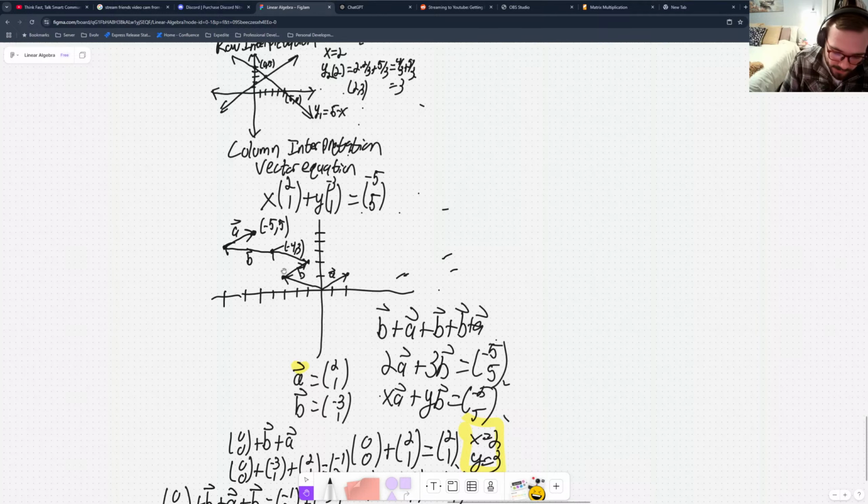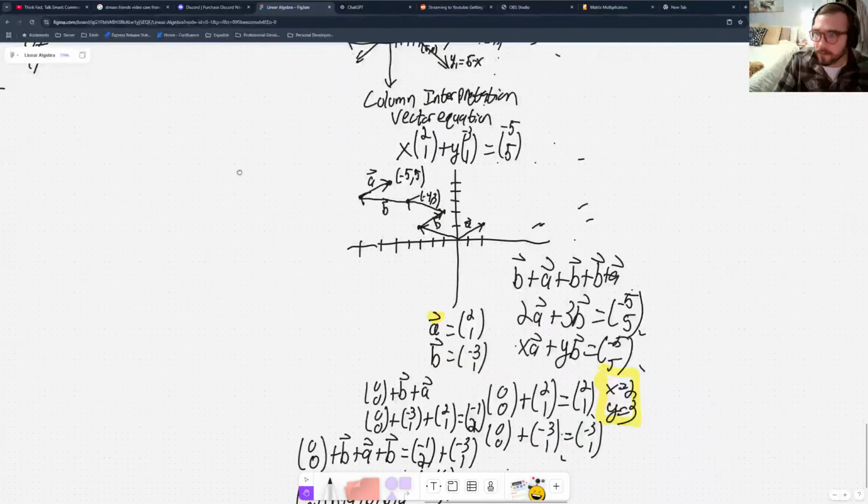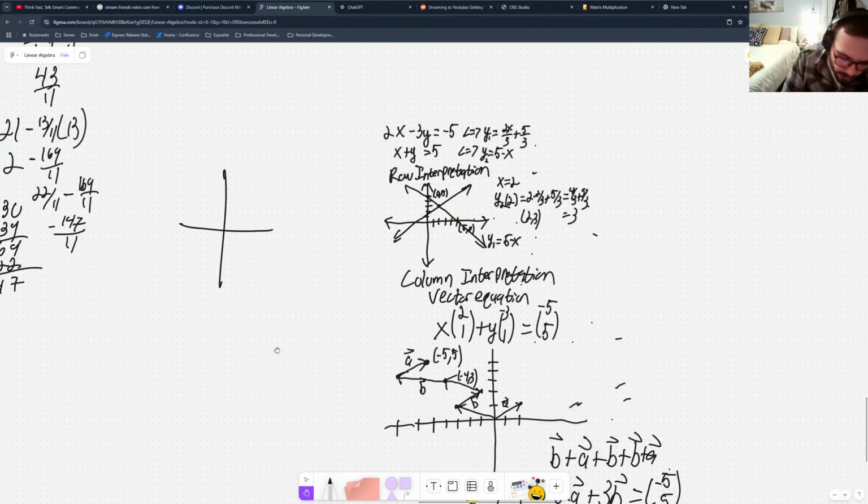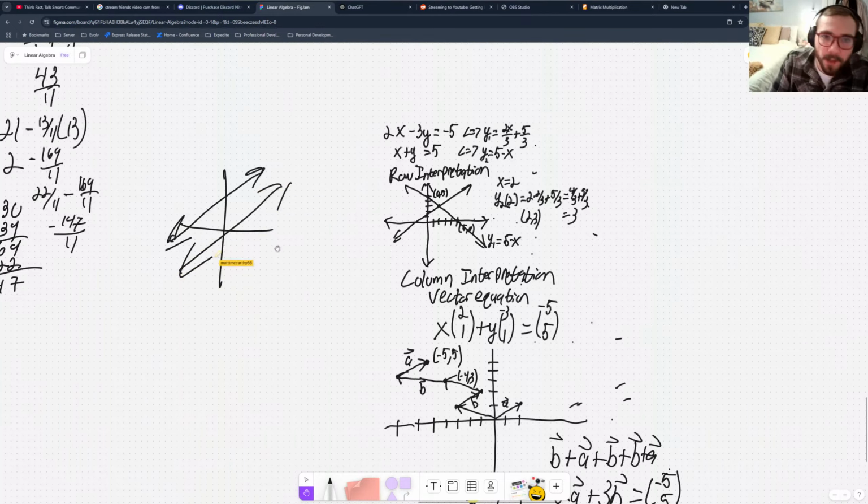So if we just play pretend here, and we had two lines that were parallel, we know that these lines will never cross. And so in this case, there's no solution.